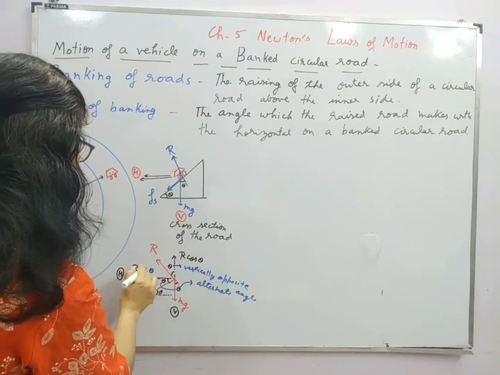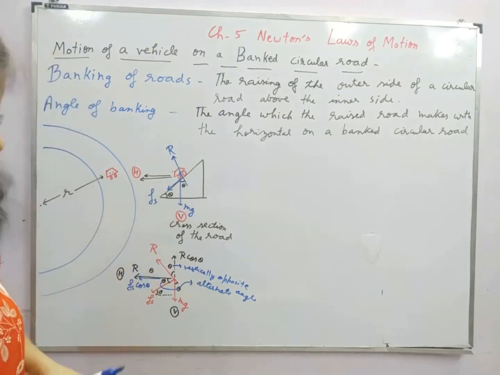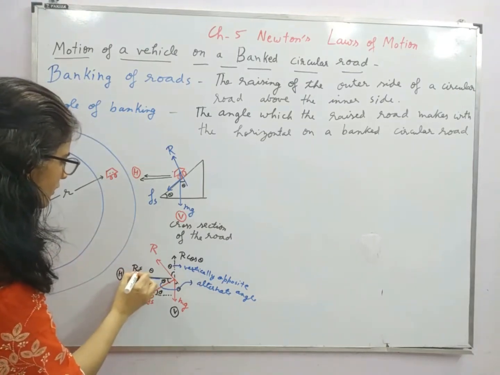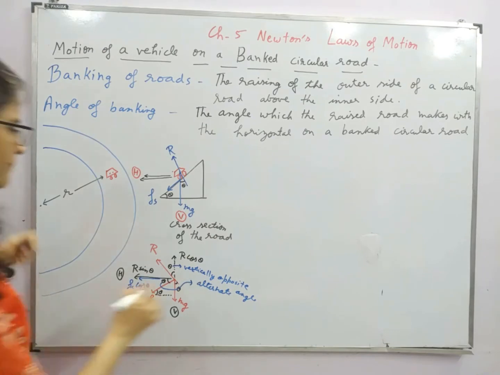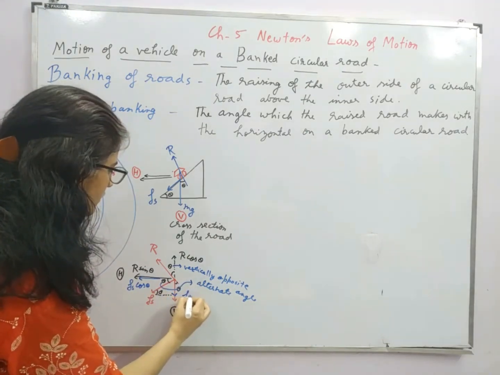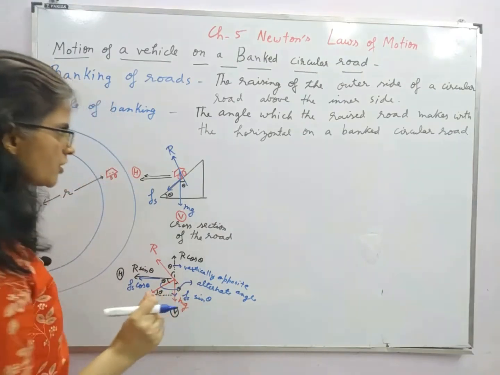Sorry, this was R sine theta. This was R sine theta, obviously, right? So this is Fs cos theta and Fs sine theta, the vertical component of friction.